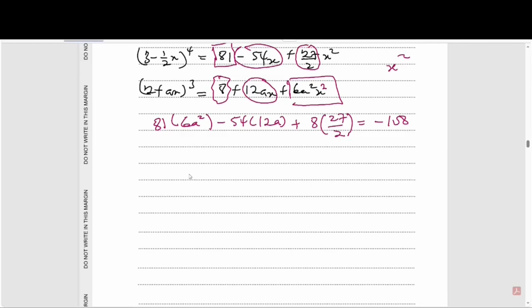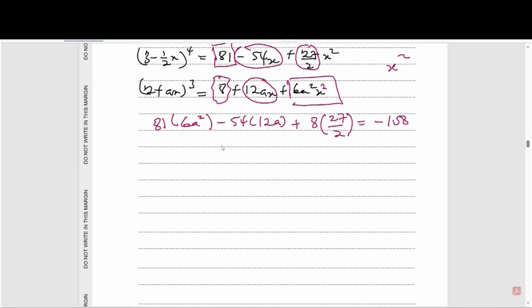I'm going to divide by a common factor. I see 81, 54, 27, and 108. I think 9 is a factor of all these numbers, or 18 because the other numbers are even as well. And actually, 54 can divide all of them.